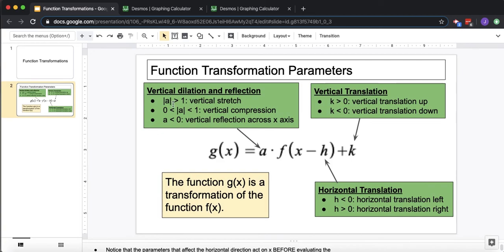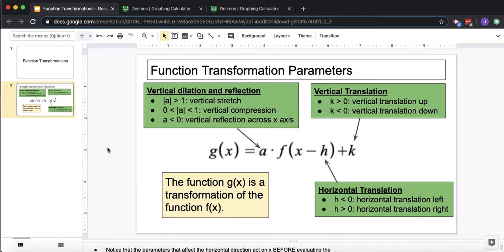A dilation is either a stretch or compression, some kind of scaling. When the absolute value of a is greater than 1, we get a stretch. When the absolute value of a is between 0 and 1, we get a compression, ignoring the sign. And if a is less than 0, in other words a negative number, we get a vertical reflection across the x-axis.